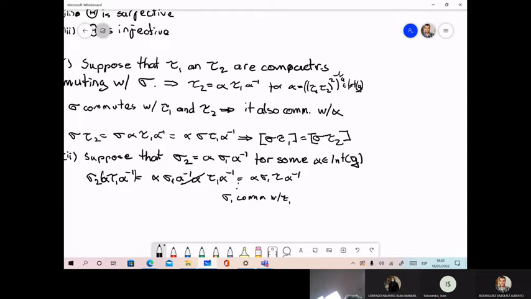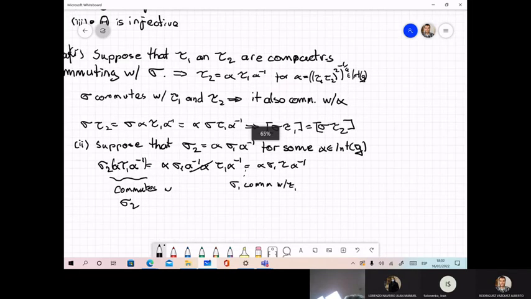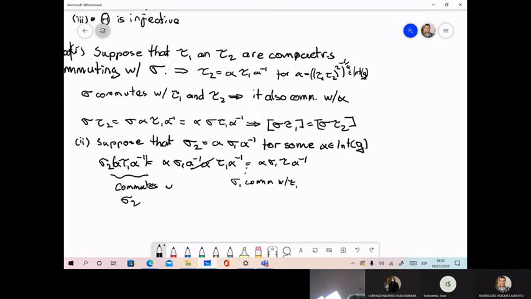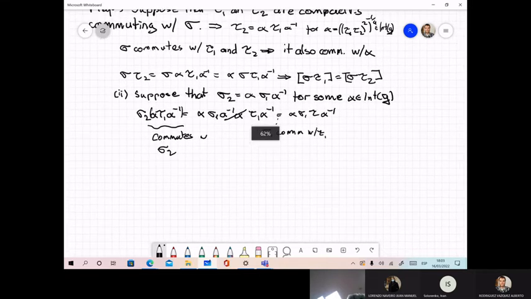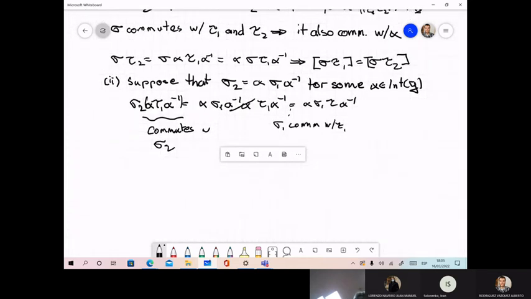So what we have to see is that this commutes with sigma 2, right? If we see that this commutes with sigma 2, then we have that the image of sigma 2 and the image of sigma 1 must be the same. And why does this commute with sigma 2? Because sigma 1 tau equals tau sigma 1, tau 1 sigma 1.